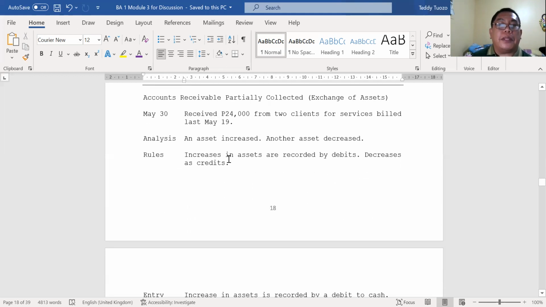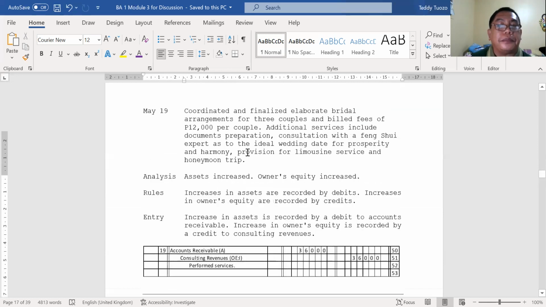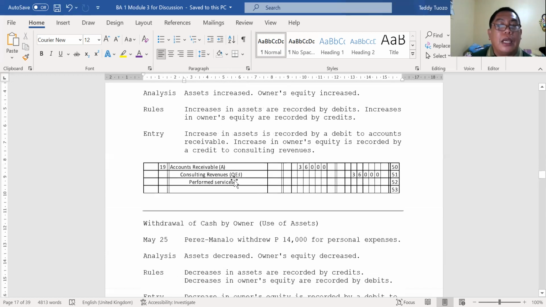In another May 30 transaction, received 24,000 from 2 clients for services billed last May 19. So let us go back to the May 19 transaction. What was our entry? We debited accounts receivable, because Perez Manalo only billed the clients. Here, he has now collected from the 2 clients, although maybe not in full.